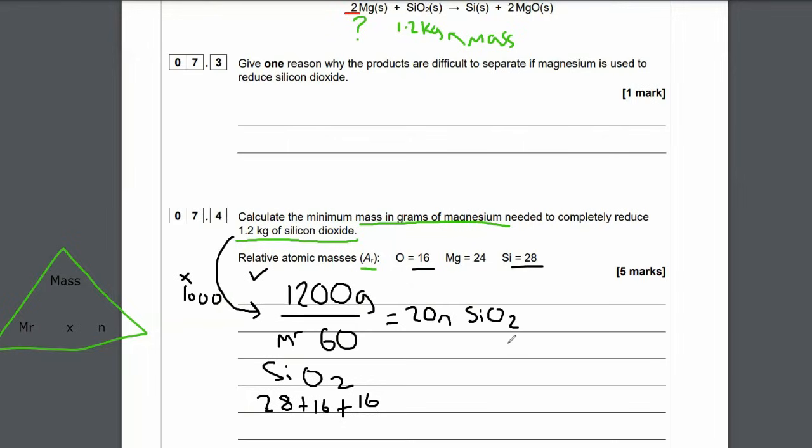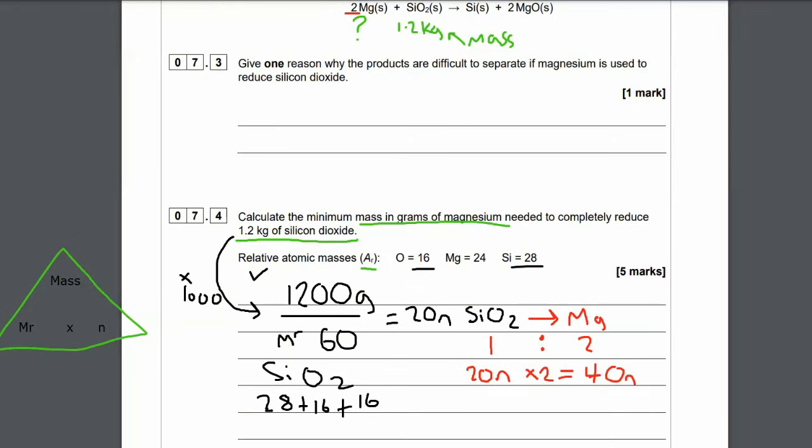And this tells me that we have a ratio of 1 to 2 between silicon dioxide and magnesium. So for every mole of silicon dioxide I have, I need twice the amount of moles of magnesium. So I'm going to do 20n times 2, and that means I need 40 moles of magnesium.